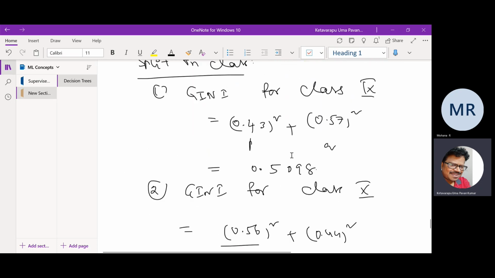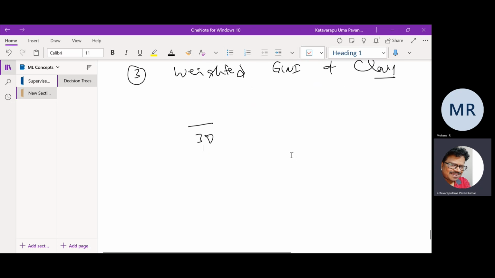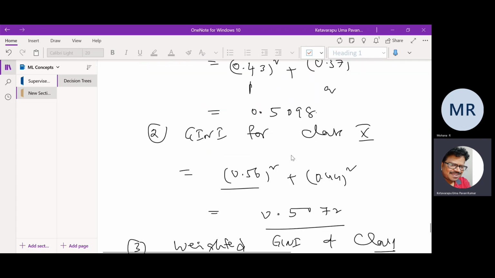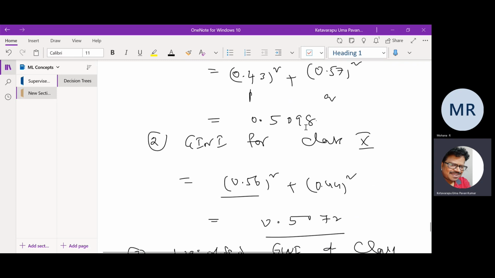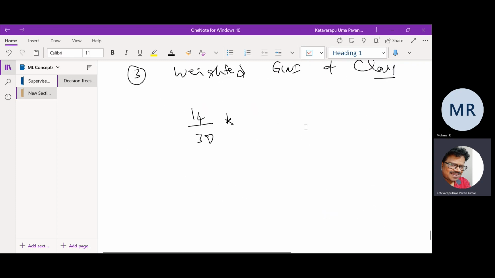So what we need to do here is make use of the total figure. Here I have 14 members, and the corresponding Gini value we computed is 0.5098, which we can round to 0.51 because the next digit is greater than 5. Now, for the 10th class, where 16 members are willing to play, that is 16 out of 30.